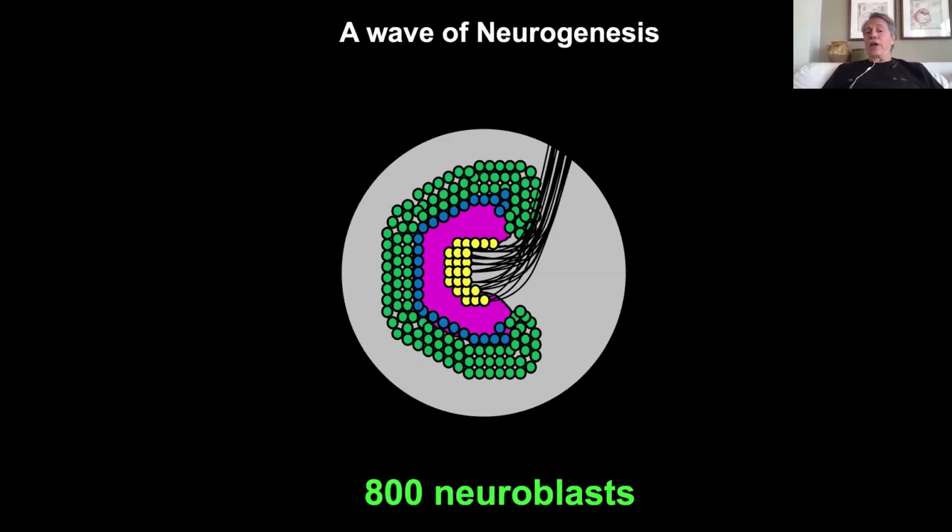And this suggested that in the formation of this medulla structure, which remember has 800 columns, you have 800 neuroblasts, which suggests that each neuroblast can produce all the neurons for each one of the columns. It's not absolutely true, but it's kind of true. In fact, each neuroblast produces a large number of the neurons that surround each one of the columns. And you're going to see exactly how this happens.